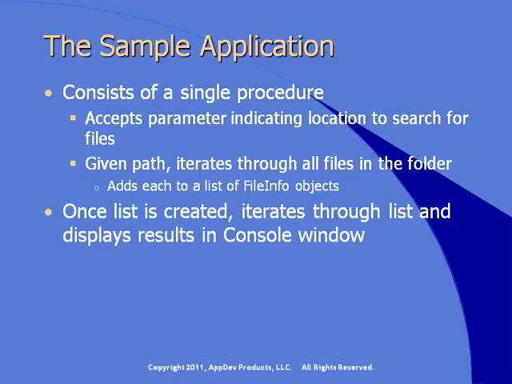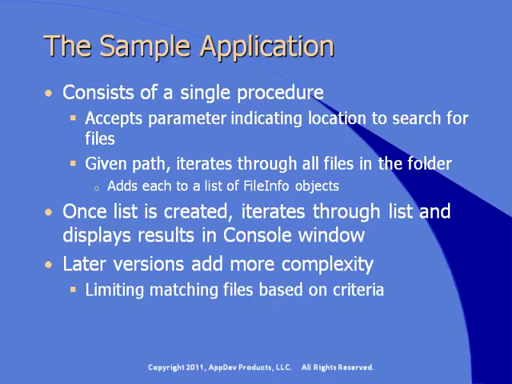Once that list is created, the code iterates through the list and displays the results in the console window. As we add more functionality, we'll add more complexity as well and more features. For example, we'll limit matching files based on some criteria that you might want to specify. Let's look at the first version of this code to see how it works without any of the new language features.